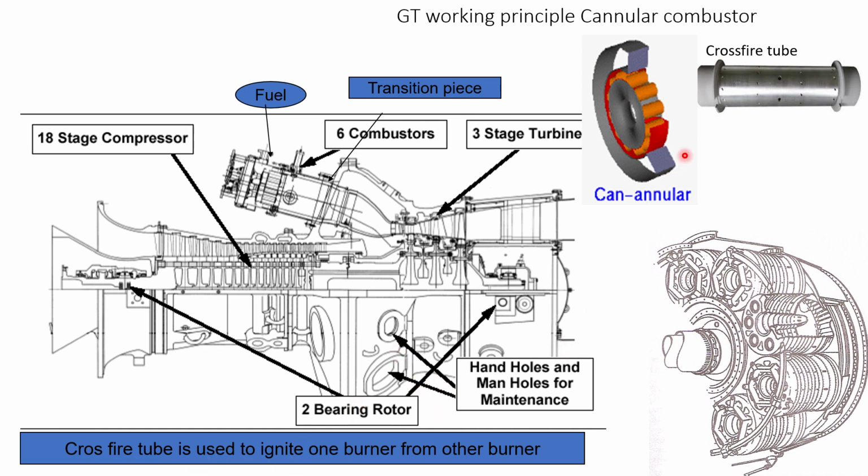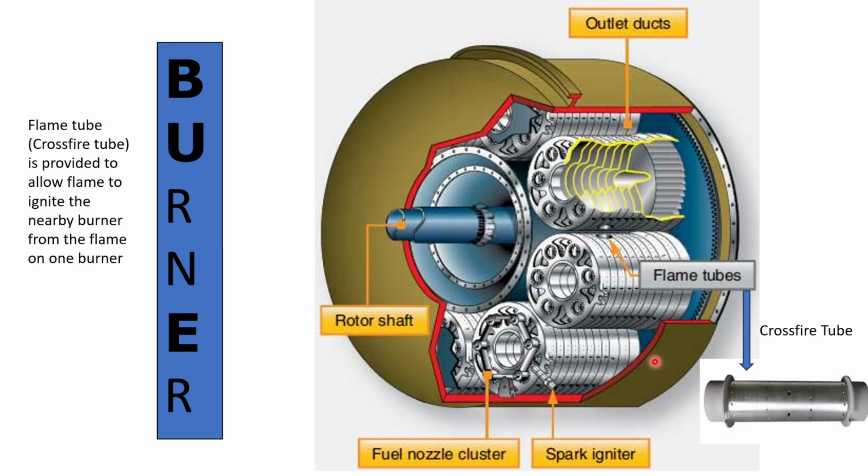Cross tube fire, which is shown here, this is the cross fire tube. Cross fire tube is used to ignite one burner from another burner, and most of the G turbines are using can annular burners, which is shown here. Now here we are able to see a drawing of the burners.